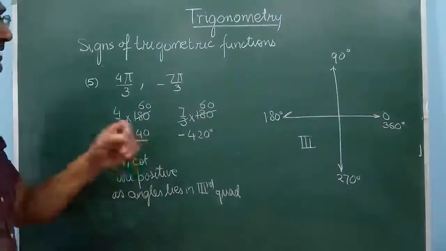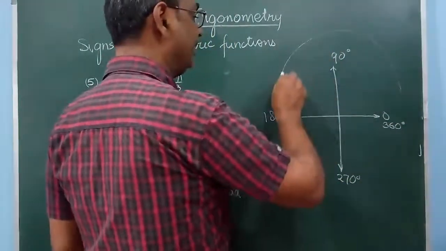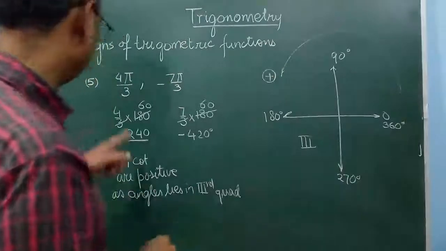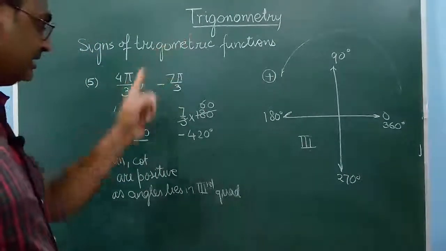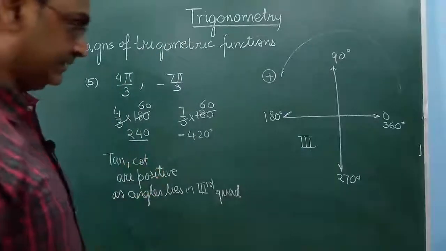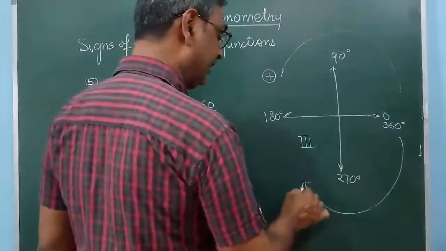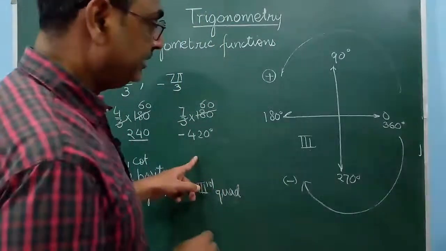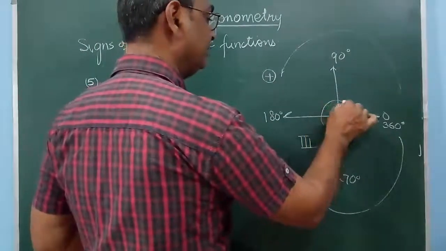Now for minus 420: we measure the angle in the anti-clockwise direction if the angle is positive, and we take the clockwise direction when the angle is negative. So here it is 420, which means we have taken one full turn.